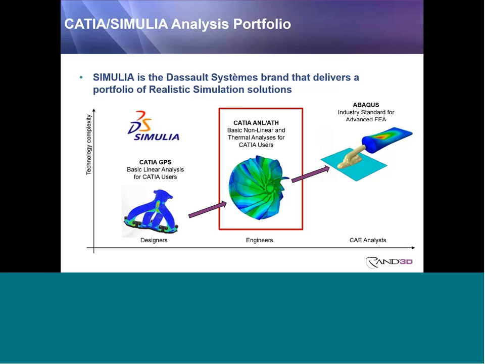So we had a bit of a gap, because the software intended to be used by design engineers and CAD engineers was only able to provide linear solutions, and Abaqus is a very complex tool which is intended to be used by CAE analysts. So a couple of years ago, they created the ANL and ATH workbenches in CATIA.